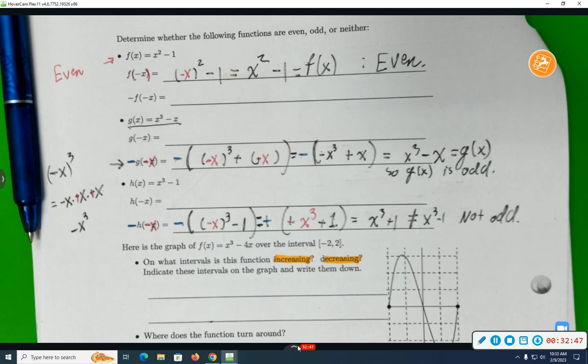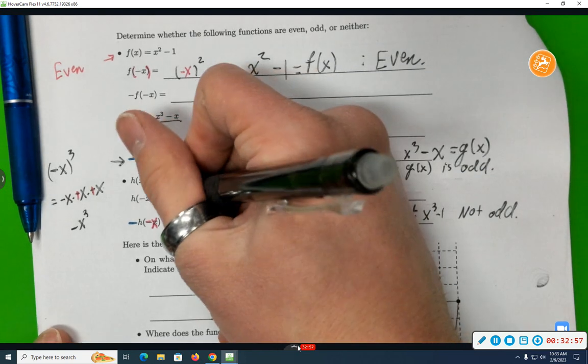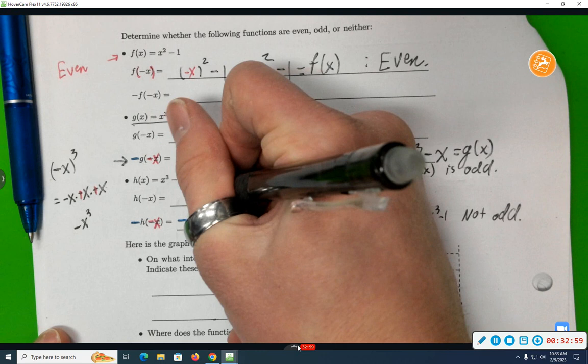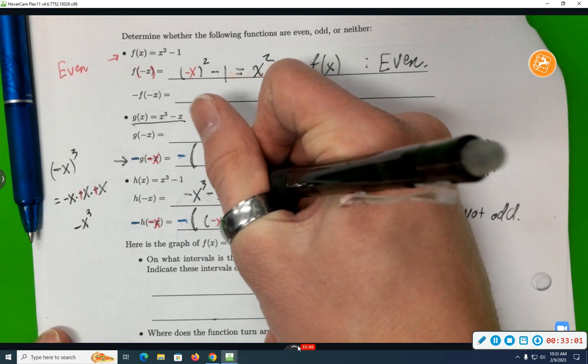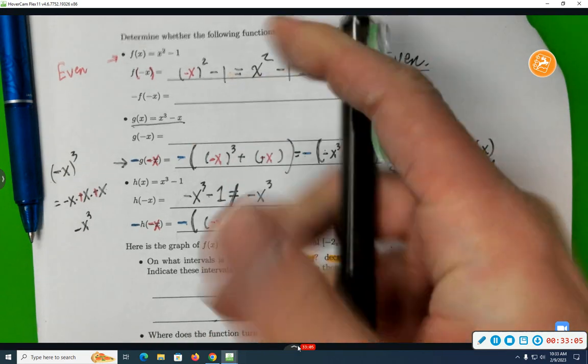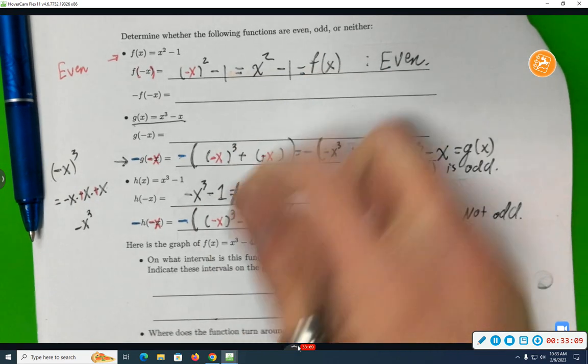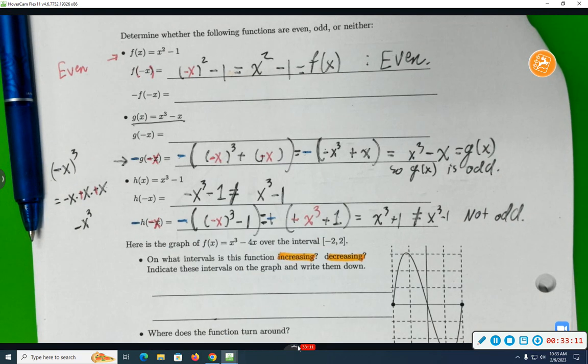So this function is not odd. When you plug in h of negative x, what did you get? I got negative x cubed plus 1, which again is not the same thing as negative of x cubed minus 1 because of that negative sign.